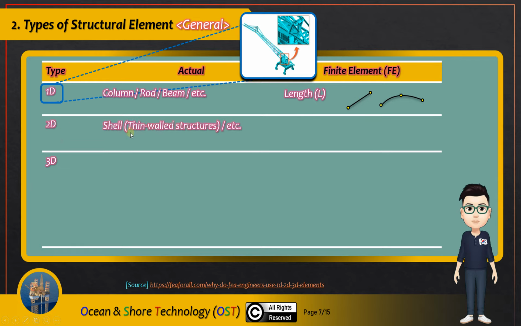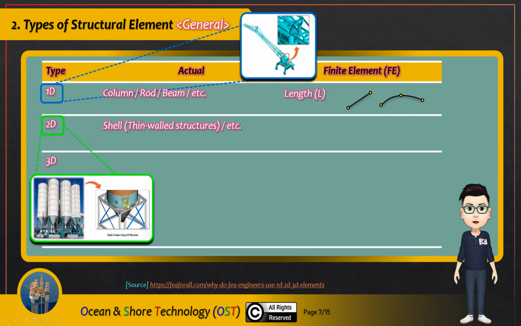In the case of 2D, we have the shell element, or thin-walled structures. So 2D applications are here. You can see the shell element, and we consider it as the area in finite element. Here this is triangular, but we can also consider rectangular or other shapes. And 3D applications are called solids.